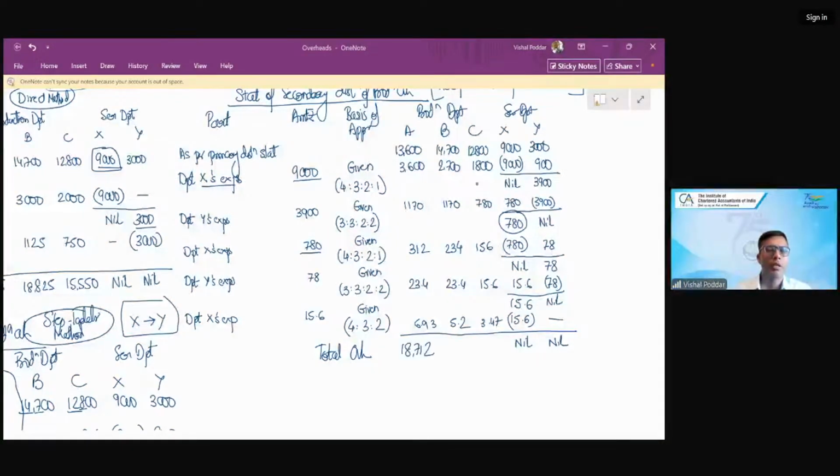Then 18333 and 15555. Okay, similar answer, students. Medha, I did not get your figures. There is some mistake, Medha. Yes. Others are getting similar figures.